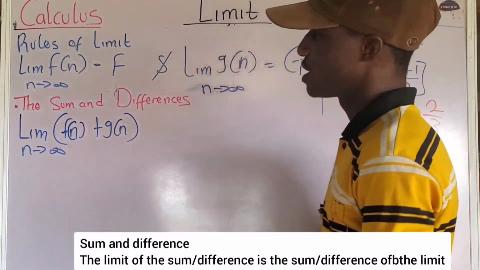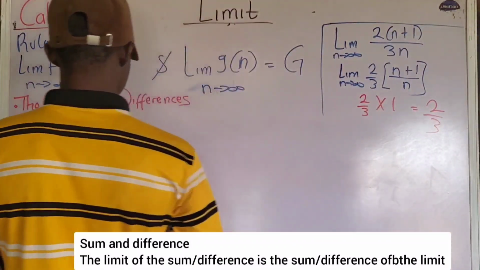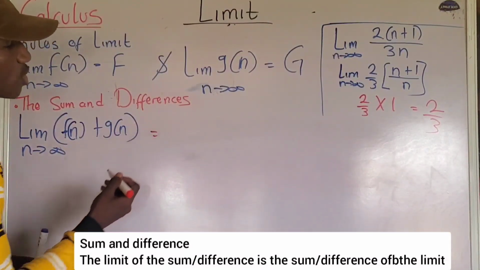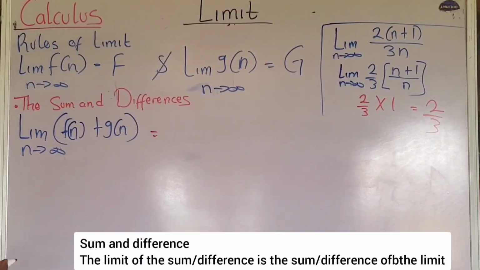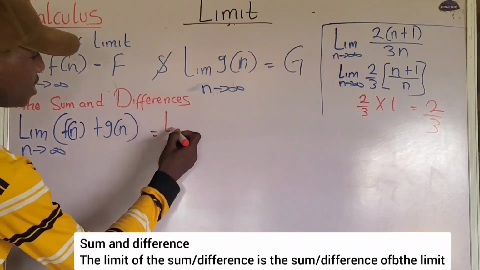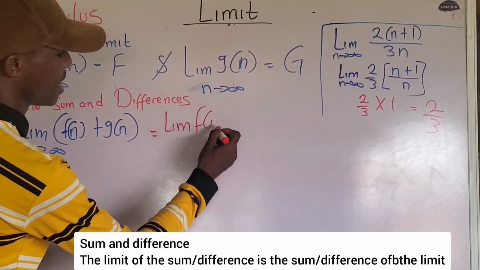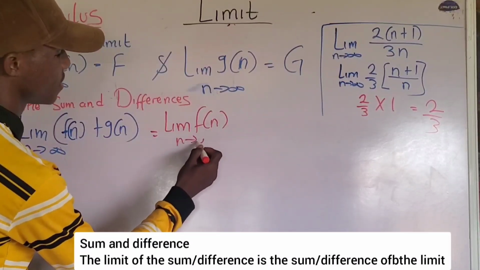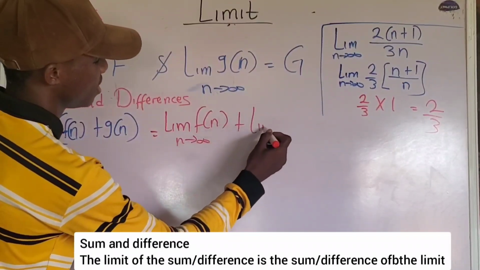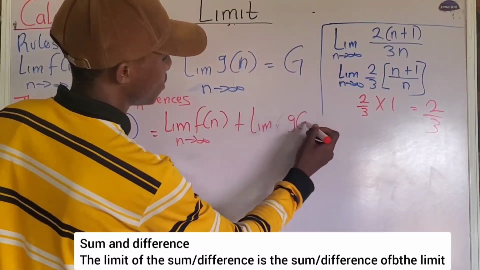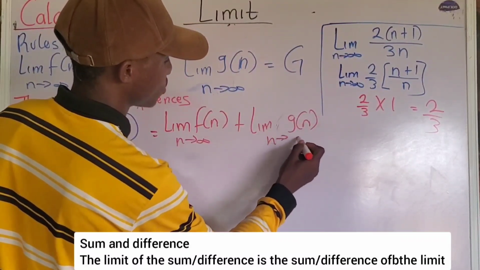So now according to this rule, the limit of this function is equal to the sum of the limits. That means I'm going to have the limit of f of n as n tends to infinity plus the limit of function g of n as n tends to infinity.